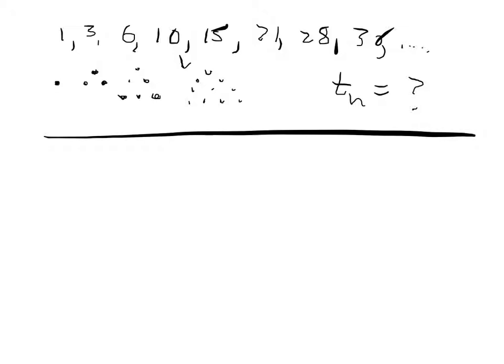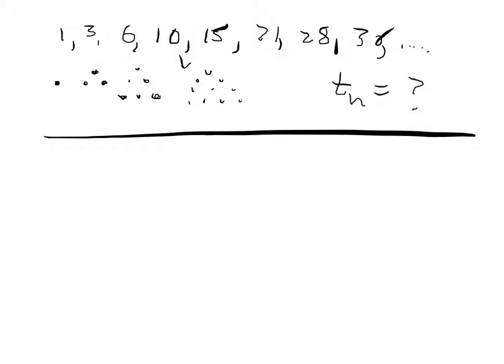So I look at 1, 3, 6, 10, 15, 21, 28, 36, and I go, I don't readily see a pattern. I'm adding 2, and then I'm adding 3, and then I'm adding 4. Let's see. I'm not seeing something real quick like the sequence 1, 4, 9, 16, 25, where the nth term clearly is n squared.